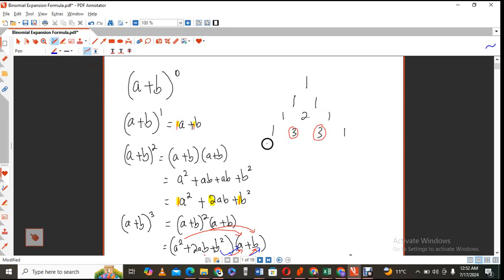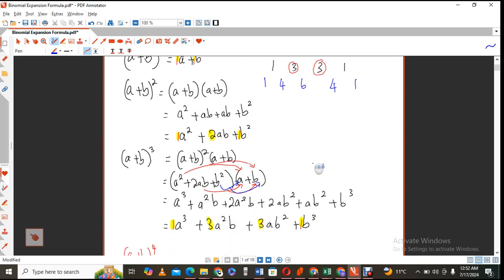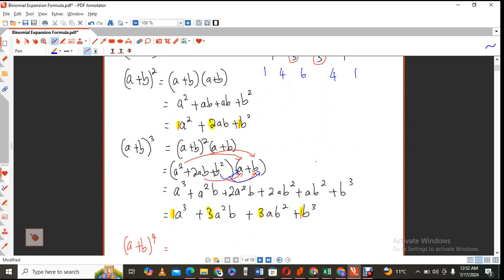So this is going to be 1. 1 plus 3 is going to be 4. 3 plus 3 is going to be 6, and 3 plus 1 is 4, and then flanked by that 1 here. So this is going to be the coefficients of the next one that I'm going to do. Right, so those coefficients 1, 4, 6, 4, 1, and I'm going to follow the general thing.